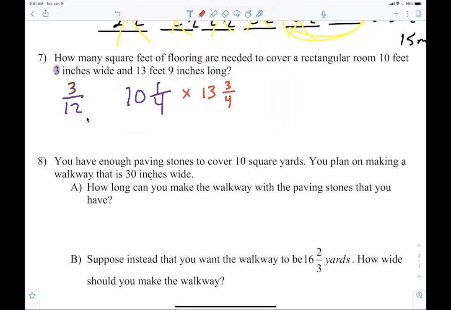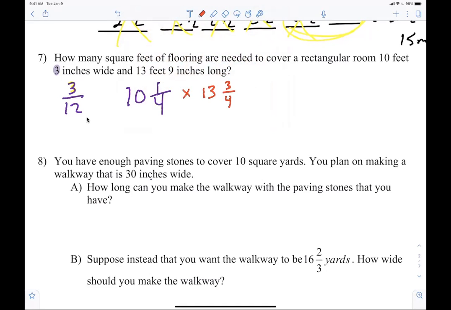Okay, so now what do I do if I want to find the area? Do you remember how to find the area of a rectangle? Who remembers the formula for area of a rectangle? Jacob. Yeah, just length times width.